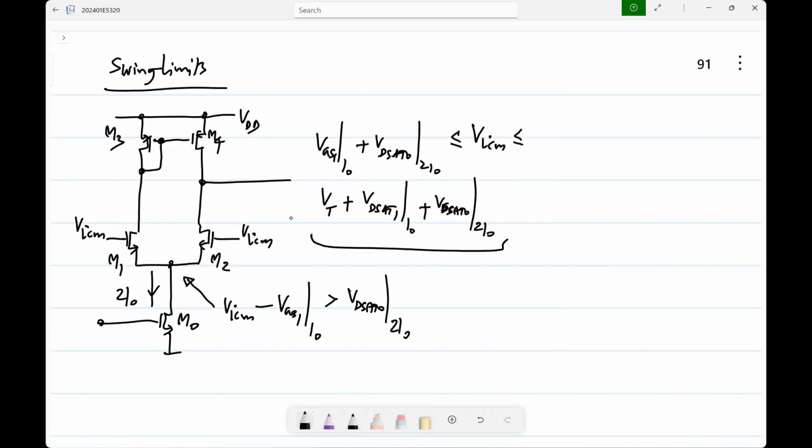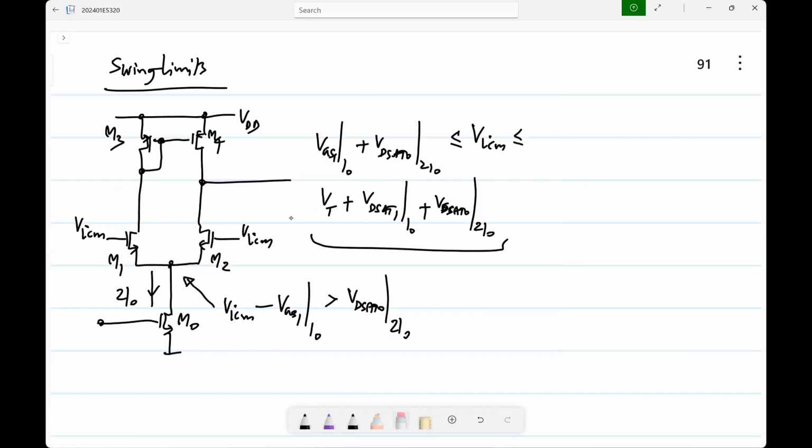If I go on increasing VICM, which transistor gets into trouble? Again, if you are not able to see this immediately, please go back and refresh your notes, refresh your memory from your earlier course. Which transistor gets into trouble if you go on increasing VICM? M3. Why? What happens to the current here as you change VICM?